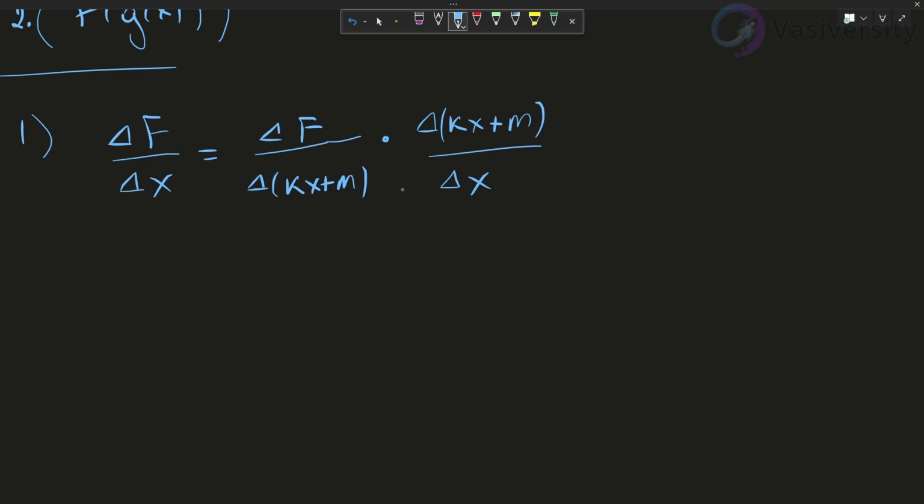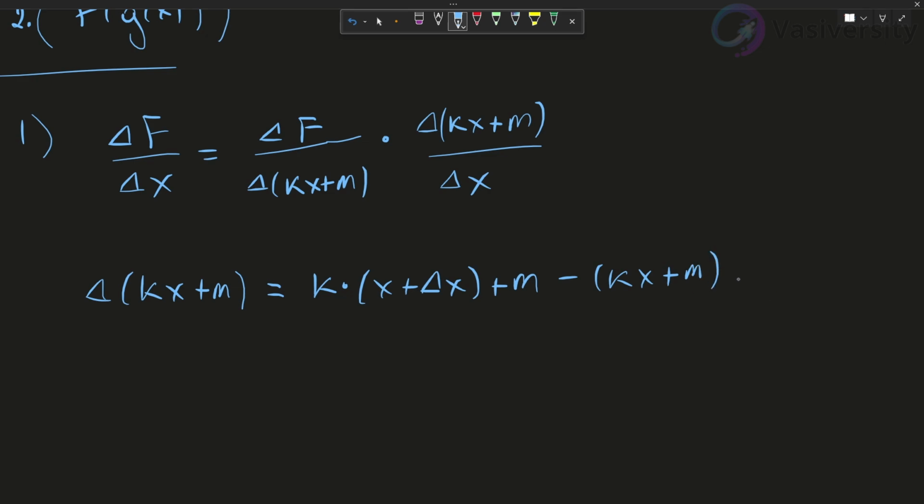So what exactly would be delta of kx plus m? That would be k times x plus delta x, plus m, minus kx plus m, which is equal to k delta x.